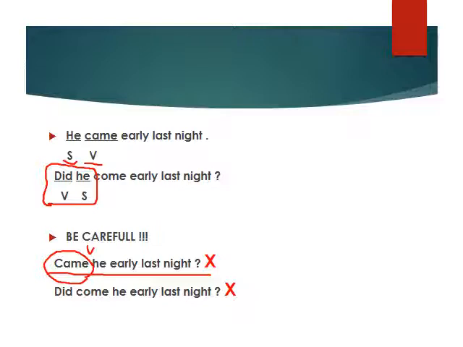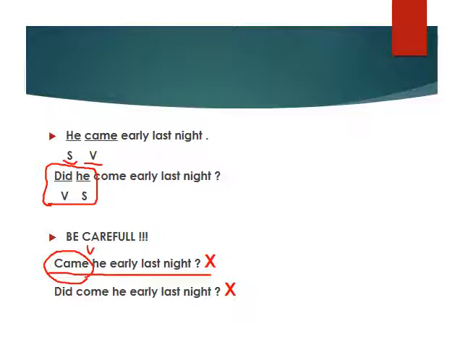Here in this sentence, we do not have a helping verb: he came early last night. We need to create a helping verb depending on the tense of the sentence. This sentence is simple past, so we need to take the past form of the verb to do.